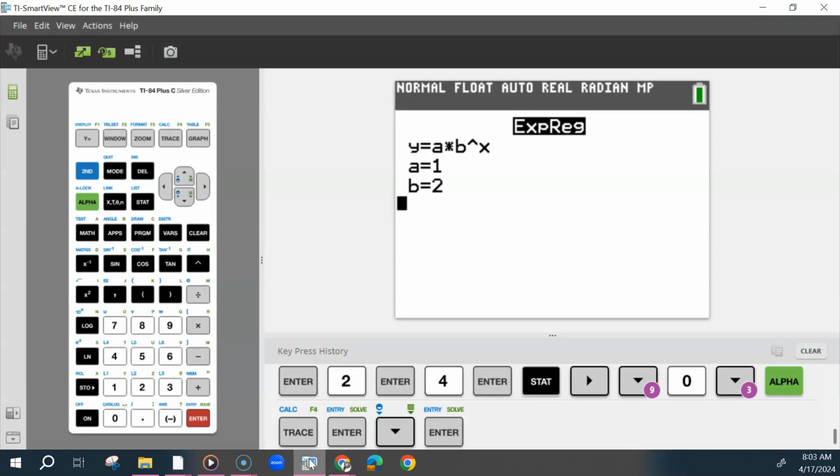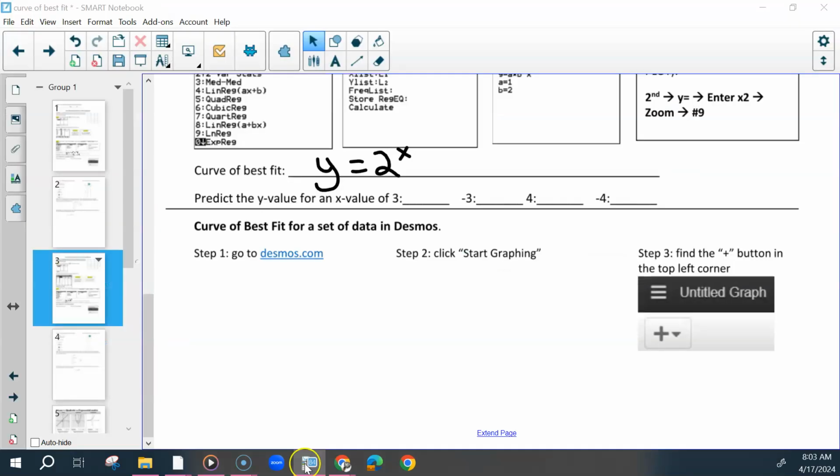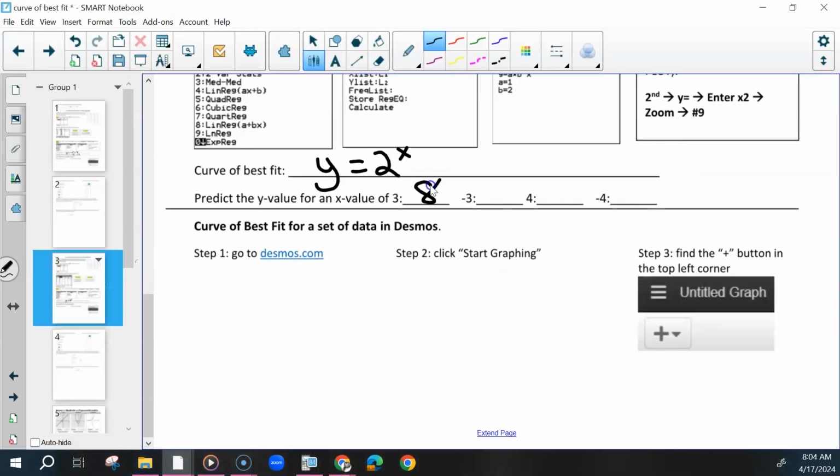So if I go into my table or I store the value, the y value for 3, when x is 3 is what? 8. What about negative 3? Or whatever that is as a decimal.